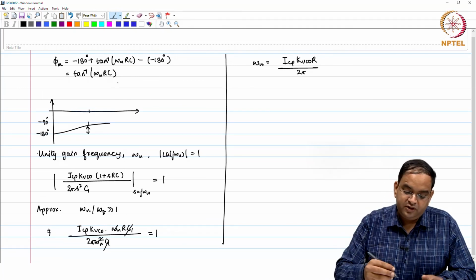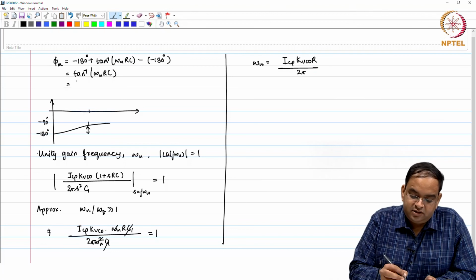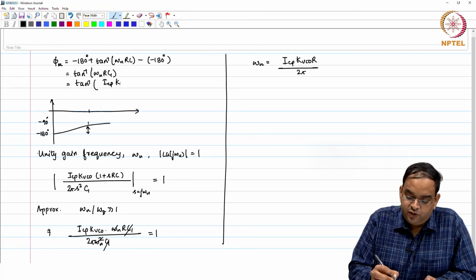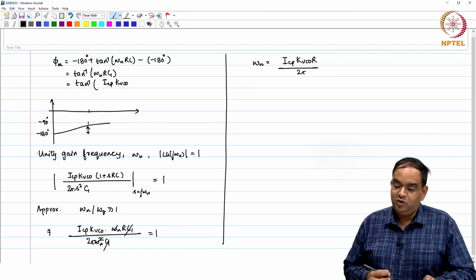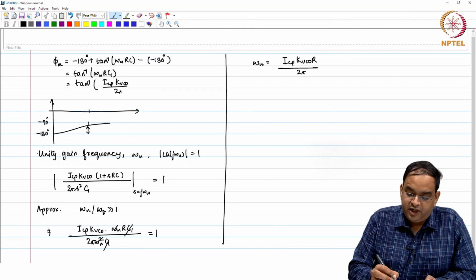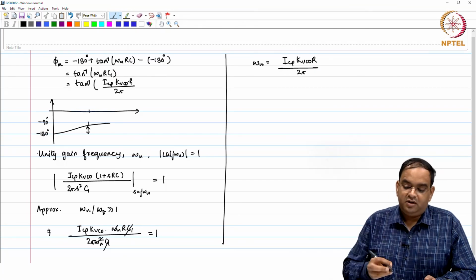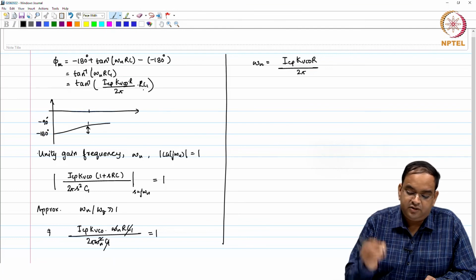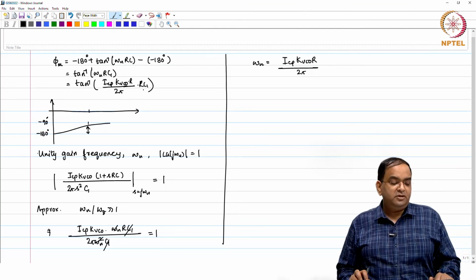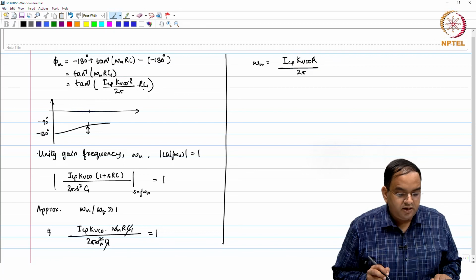So, you can substitute this back here in the phase margin expression, and this is going to be your ICP KVCO by 2 pi, right, into R, divided into R C1. So, this will give you the phase margin for the PLL.